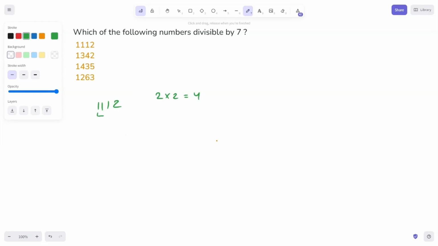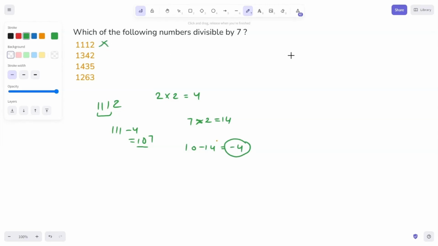The remaining digits are 111, so 111 minus 4 equals 107. Now the number is still long, so we double the last digit 7, which is 14. The remaining is 10, so 10 minus 14 equals minus 4, and minus 4 is not divisible by 7. Hence this is an incorrect option.